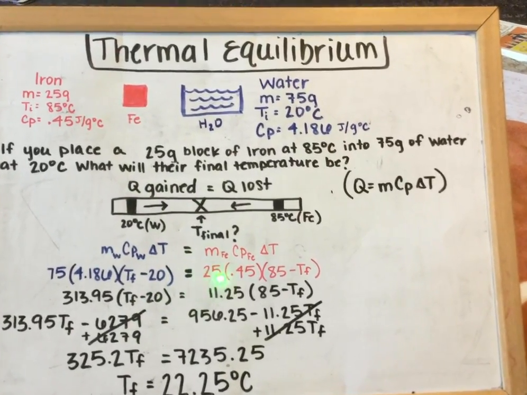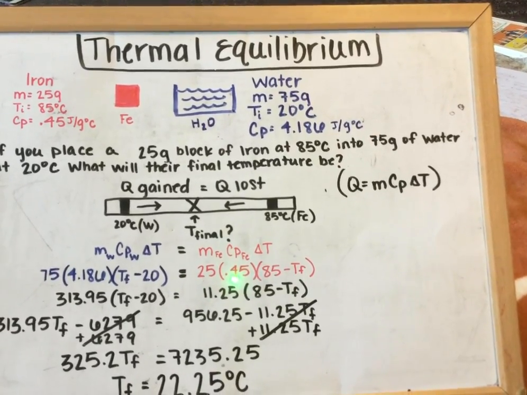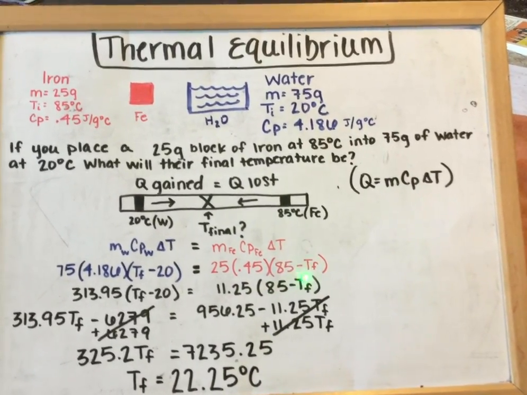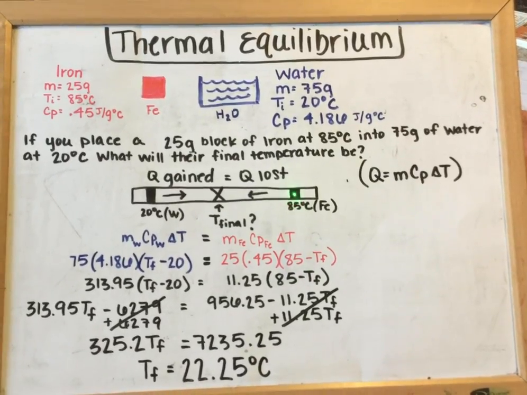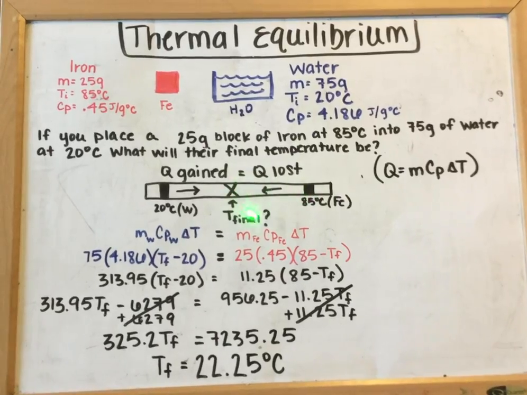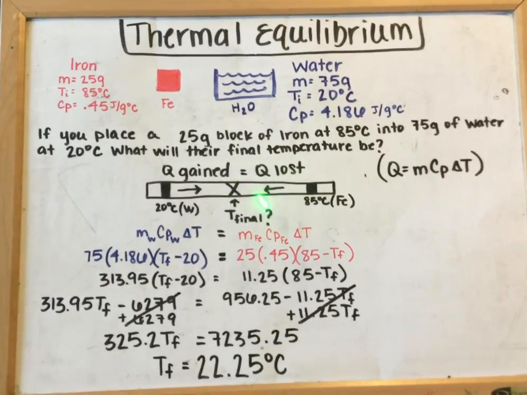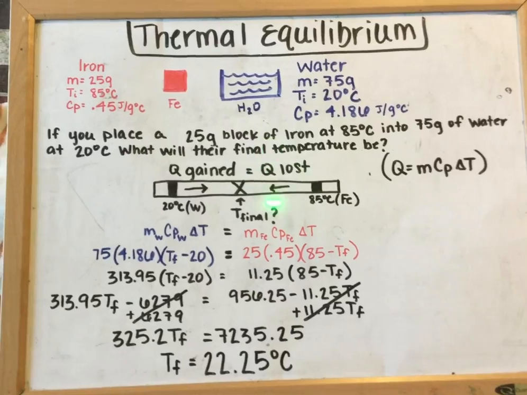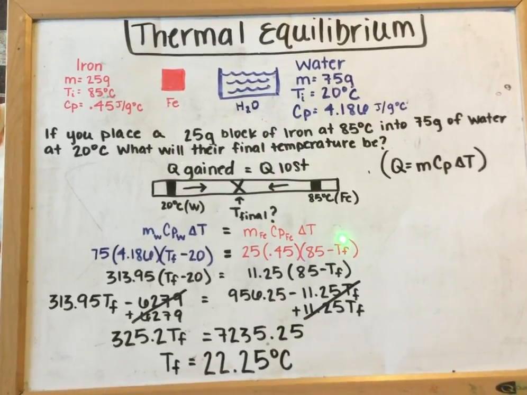Set it equal to mass of iron, specific heat of iron, times the change in temperature of iron. Now this one is losing temperature, so it's going to be 85 minus the final temperature to find out what the change in degrees was here. So we have 85 minus TF.